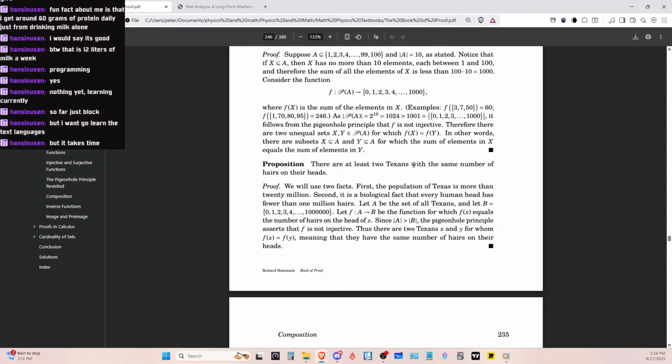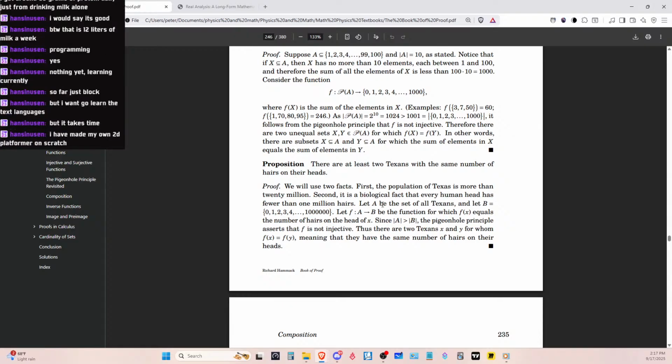There are at least 2 Texans with the same number of hairs. Let's see, first we will use 2 facts. First, the population of Texas is more than 20 million. The second is the biological fact that every human head has fewer than 1 million hairs. Let A be a set of all Texans. Let B... Okay.